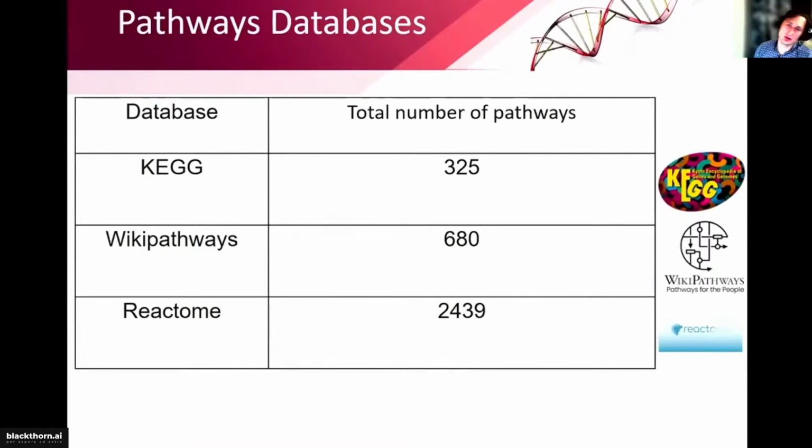And when we are talking about pathway analysis, we have to keep in mind that it's not only KEGG, even though it's implemented in almost all tools, but also WikiPathways and Reactome. These databases contain an even bigger number of pathways, but they have different data structures, and you have to prepare them for analysis.